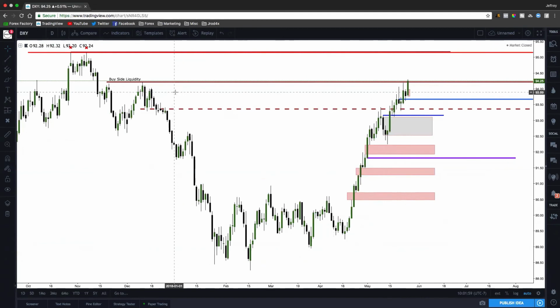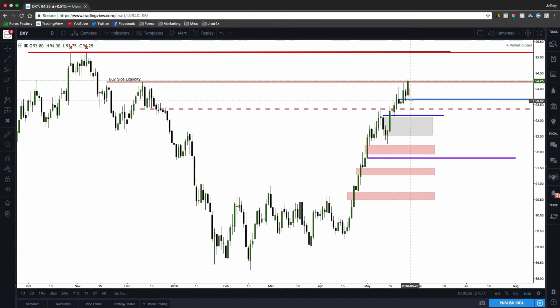So in order for us to get bearish this market, I personally will need the low of this down candle right here. The low comes in at 93.61. If we can get a close below 93.61, that would indicate to me that there is a possible high in on the dollar index, and we can expect a little bit of a retracement.